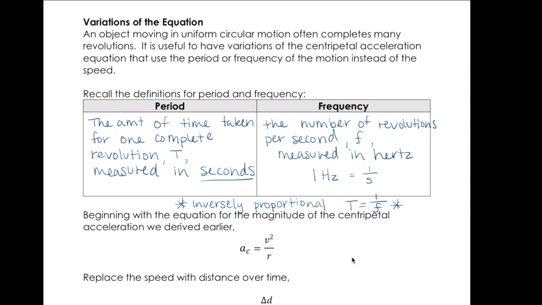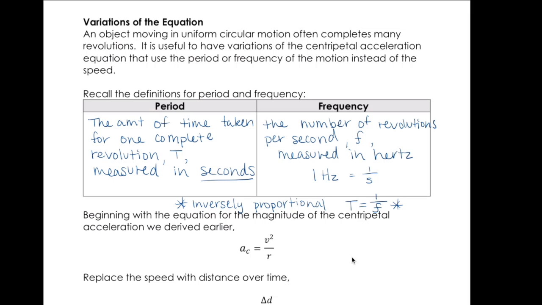Period is the amount of time taken for one complete revolution, represented with a capital T and measured in seconds. Frequency is the number of revolutions per second, represented with an F and measured in hertz. So 1 hertz is 1 revolution per second.